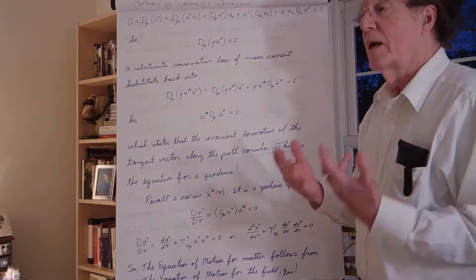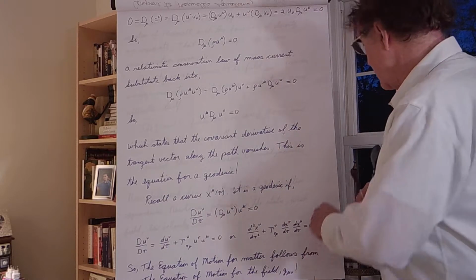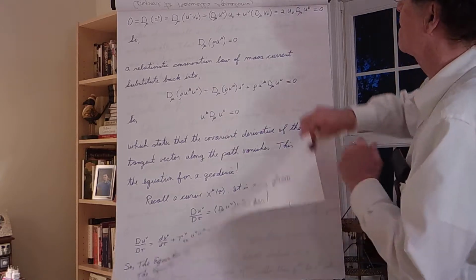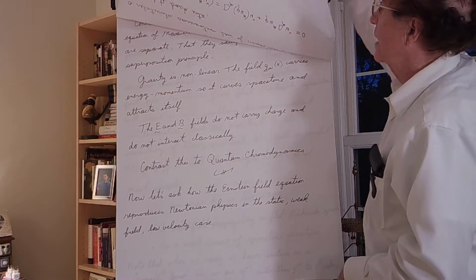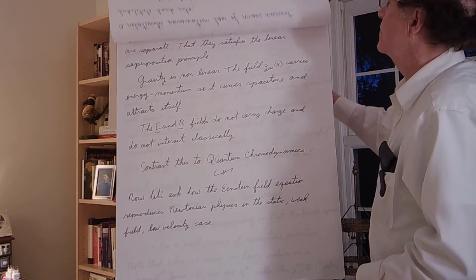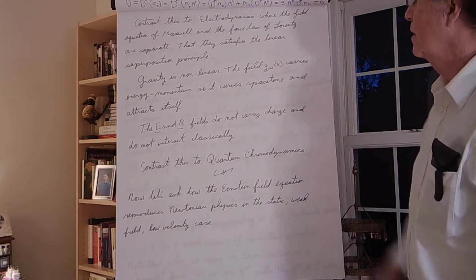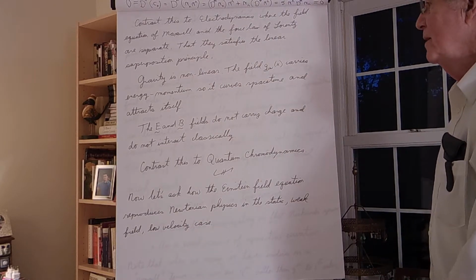Remember, the conservation of charge in Minkowski space doesn't refer to the electromagnetic field at all. So that's another contrast between the two theories, which is particularly interesting. And that's all I say in the next sheet.